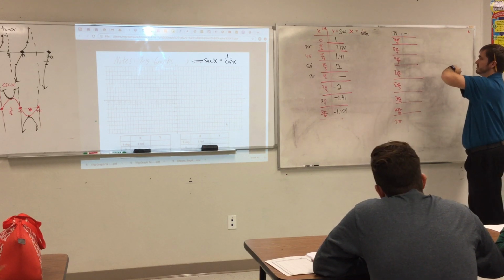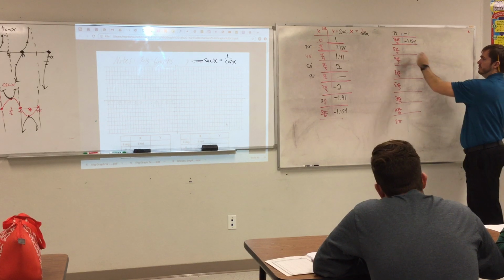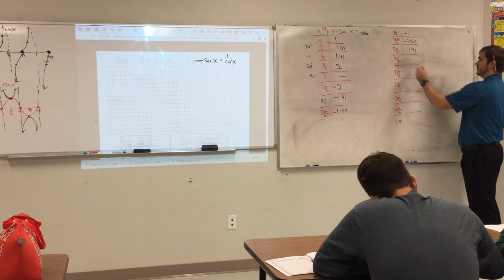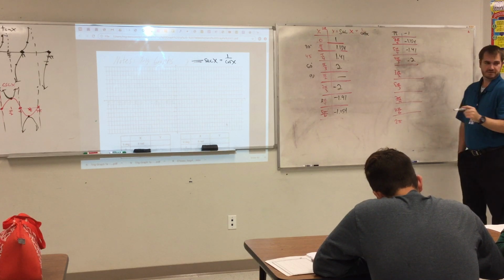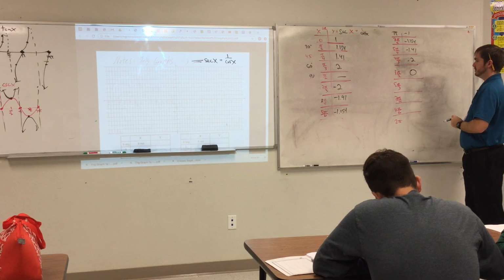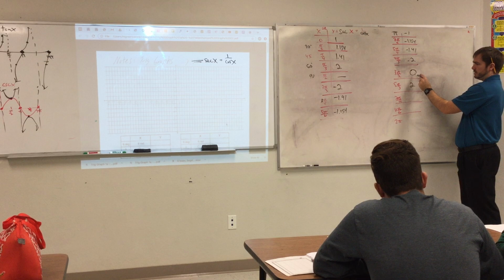7 pi over 6? Negative 1.4. 4 pi over 3? Negative 2. 3 pi over 2? Is it 0? I don't think it's 0.